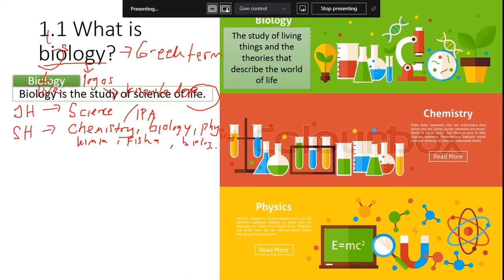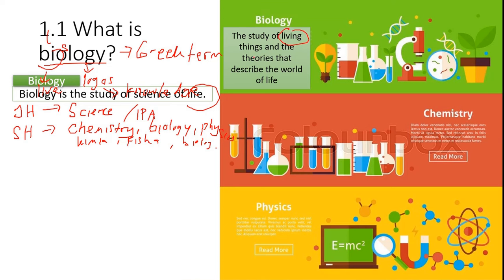This is the discipline of knowledge, the study that learns about organisms, about matter, and also about energy. This is biology. What is the difference between biology and chemistry? If biology learns about living things, how about chemistry?